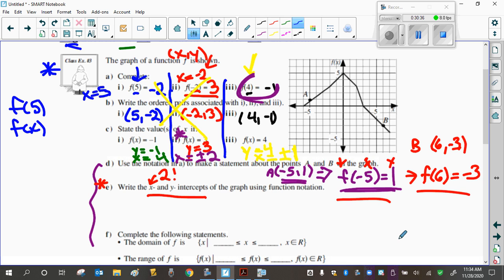So our x intercepts are right here, where the graph hits the x-axis. So right here and right here. Go ahead and write those points, please. And our y-intercept is where our graph hits the y-axis, and of course f of x means y. So write down the y-intercept in proper form.